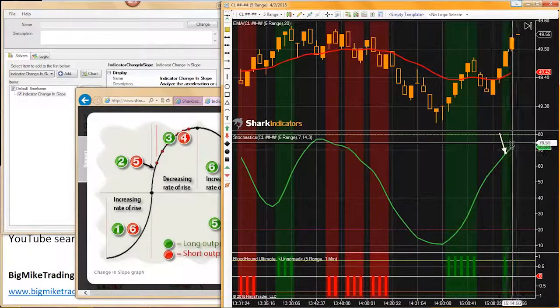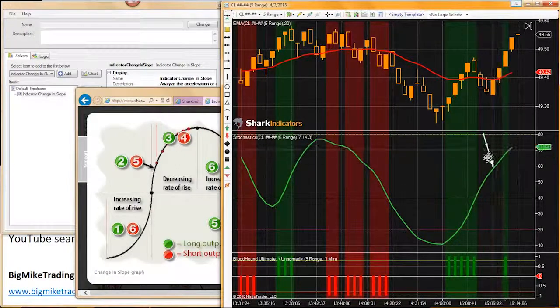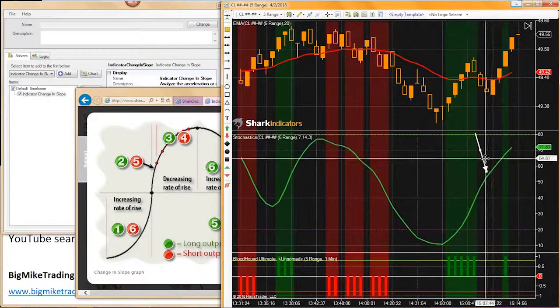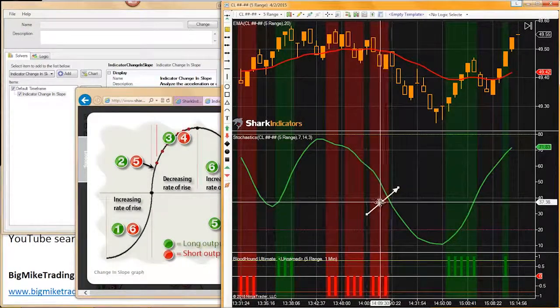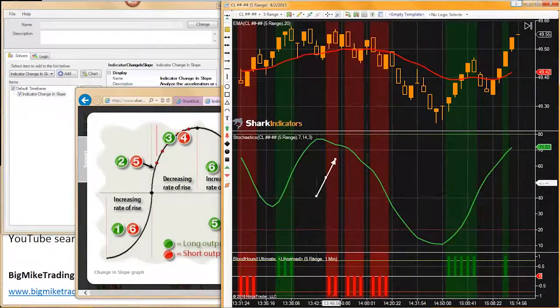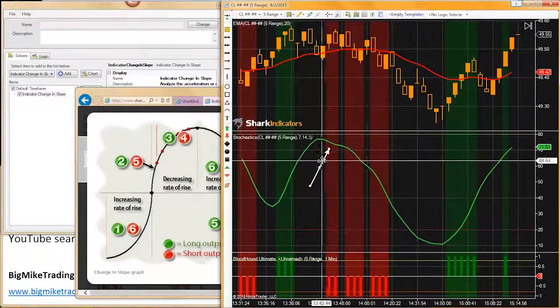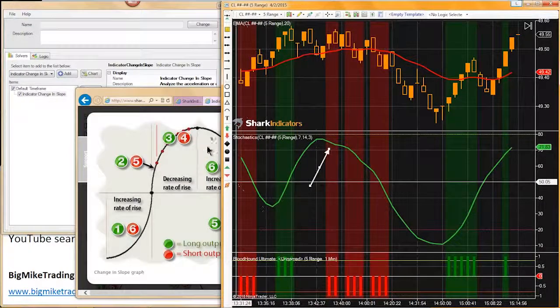So it began to curve back up versus rolling over. And if we reverse that pattern, we can see for the short side, when our stochastic is rolling over, we're getting an output.